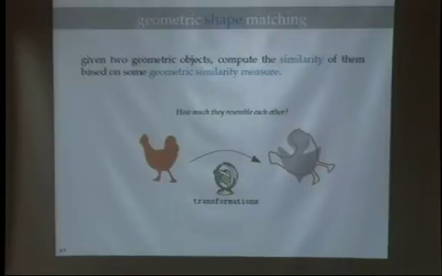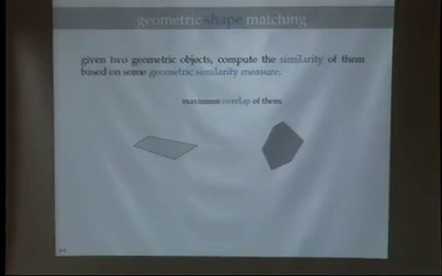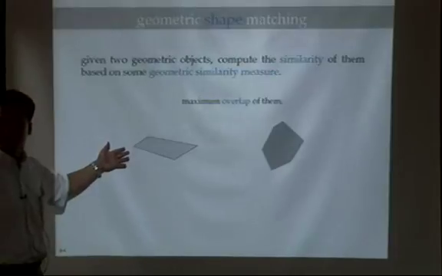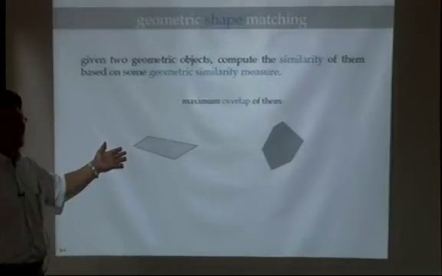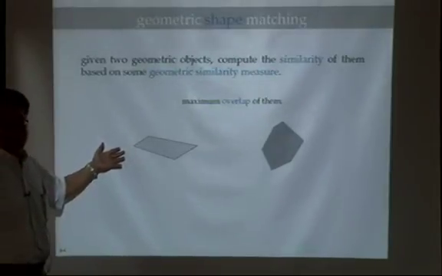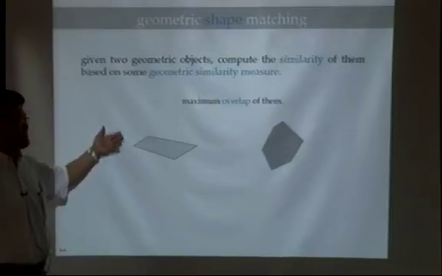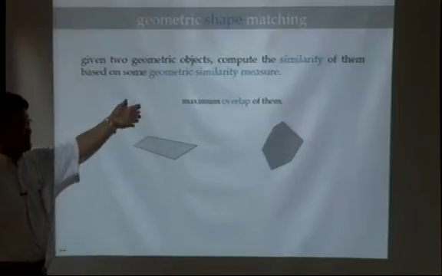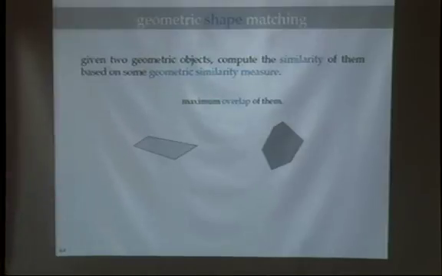Okay? Well, most basically, for example, in this case, you are given two convex polygons. And the question is, are they similar? Well, under which measure? We can define some measure, but one of them can be the maximum overlap of them. If their overlap is large enough, then they look similar. If the maximum overlap is very small, then they look quite different.